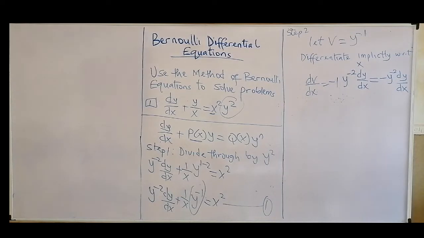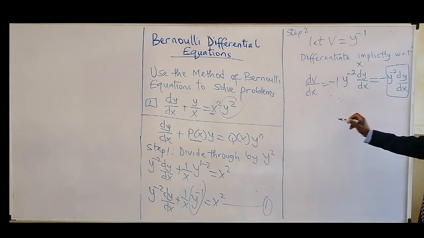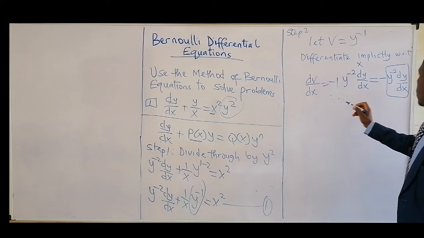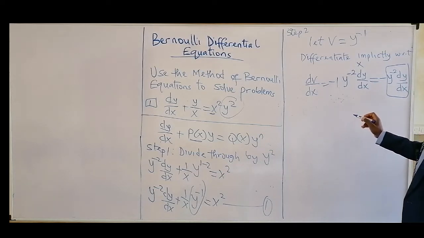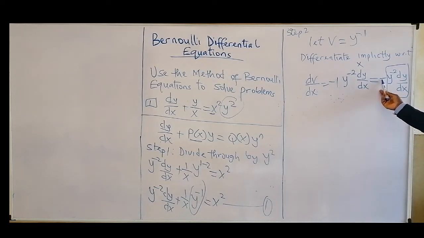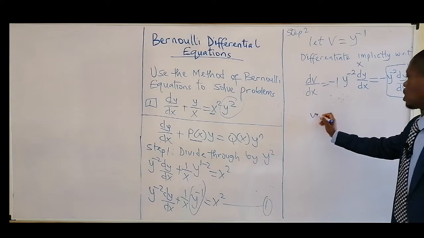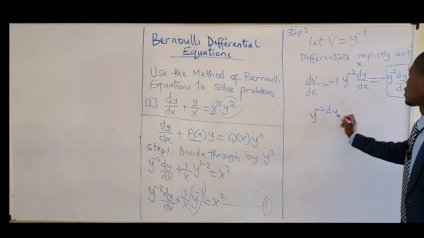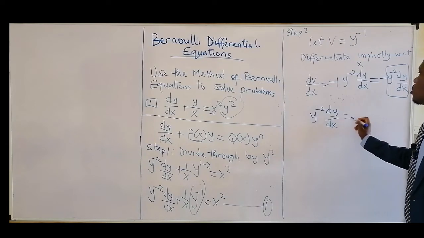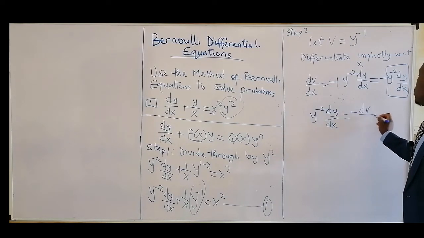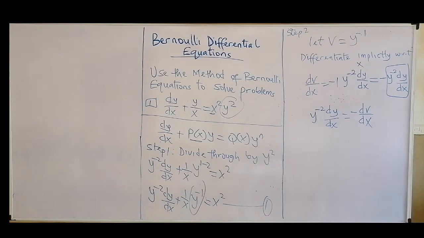So what we can do now is make this one the subject. Let's just remove this minus here by multiplying through by minus. So y^-2 dy/dx is equal to minus dv/dx.